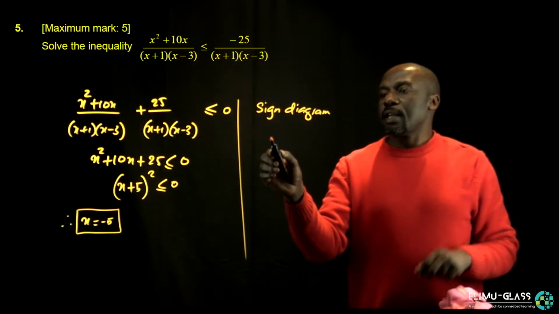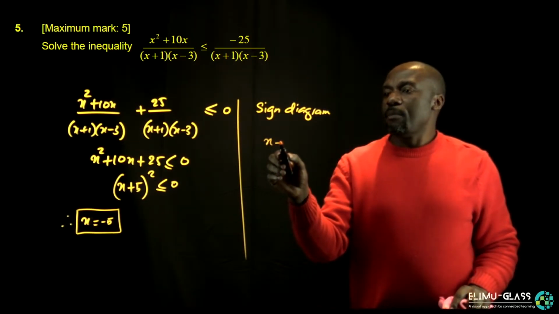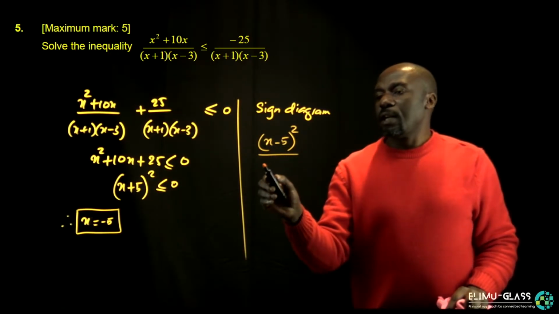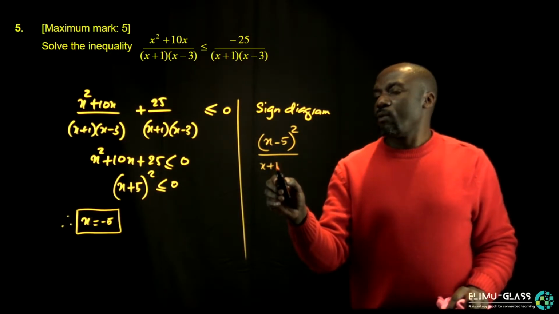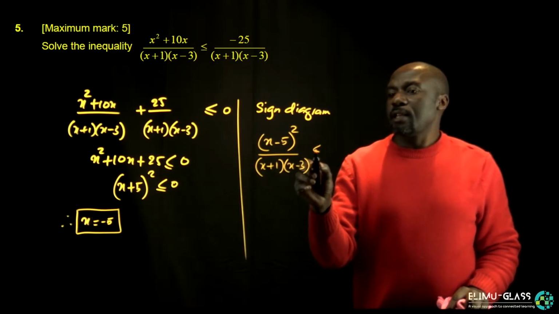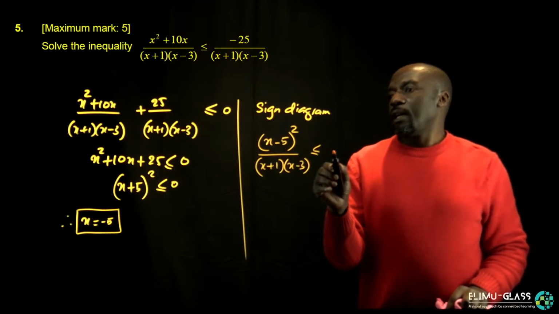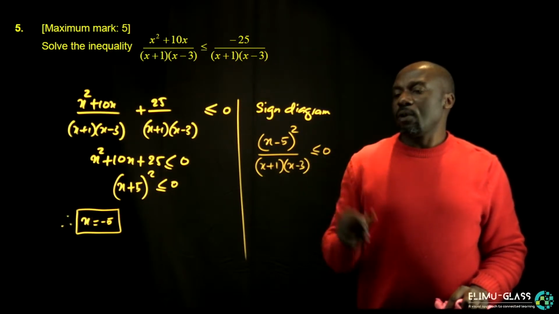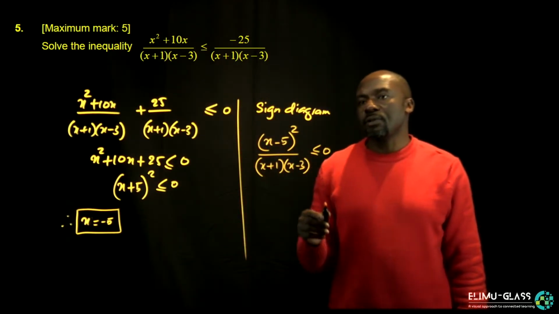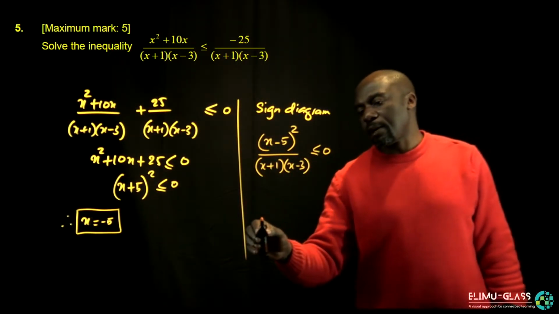I can write this as x plus 5 squared over x plus 1 and x minus 3, and this has to be less than or equal to 0. So we want places where this becomes less than or equal to 0, and to do this we draw a sign diagram.